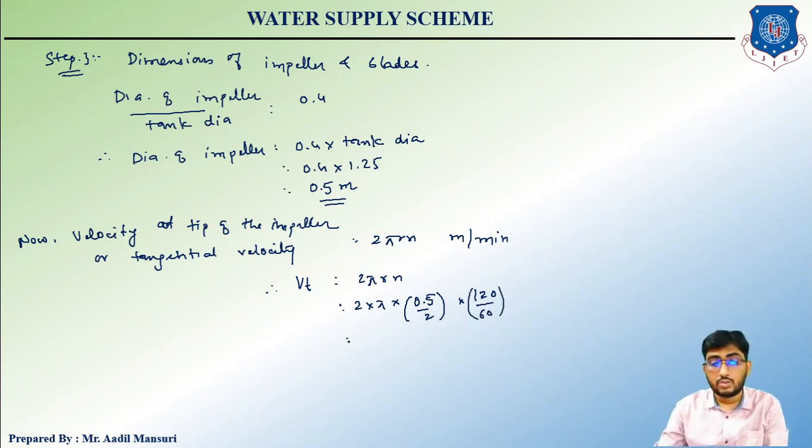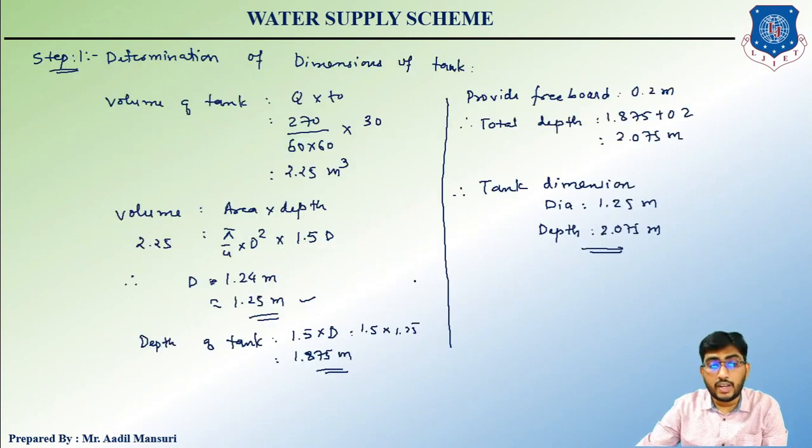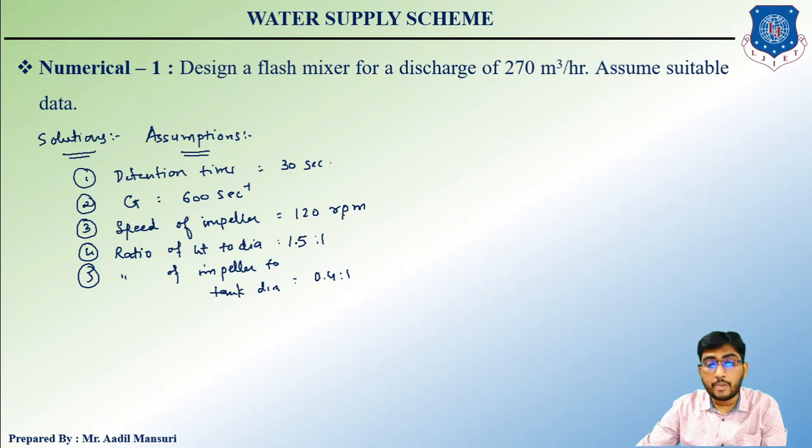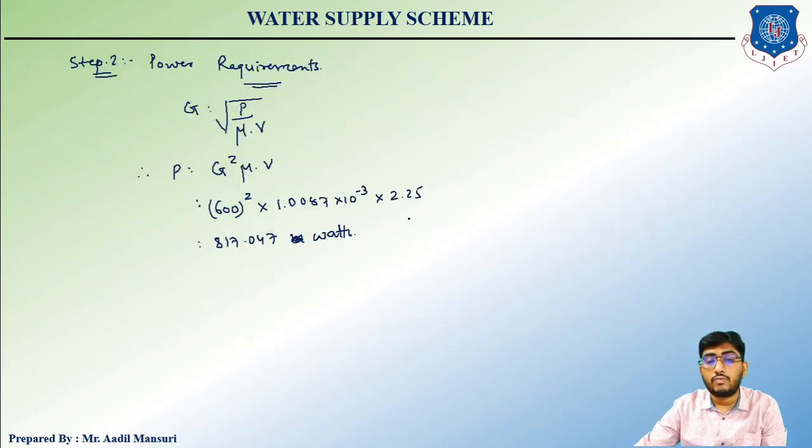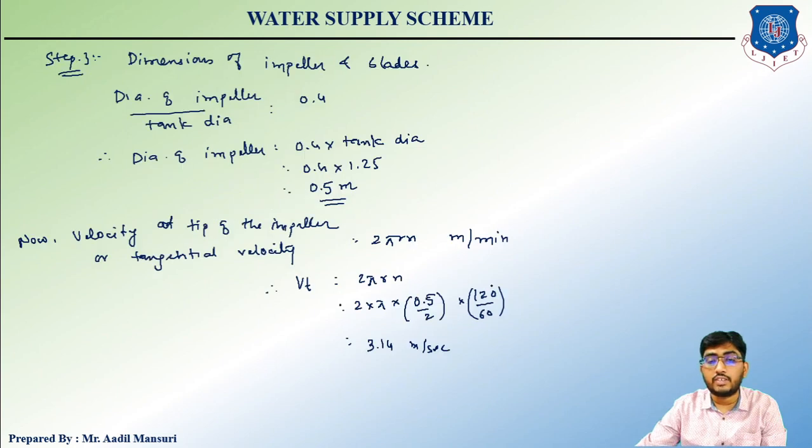Okay, so this will be equal to 3.14 meter per second. Okay, right? Because we have assumed n equal to 120 rpm, that is rotations per minute, right? So for that case, if it is in rotations per minute, we will consider it in seconds.